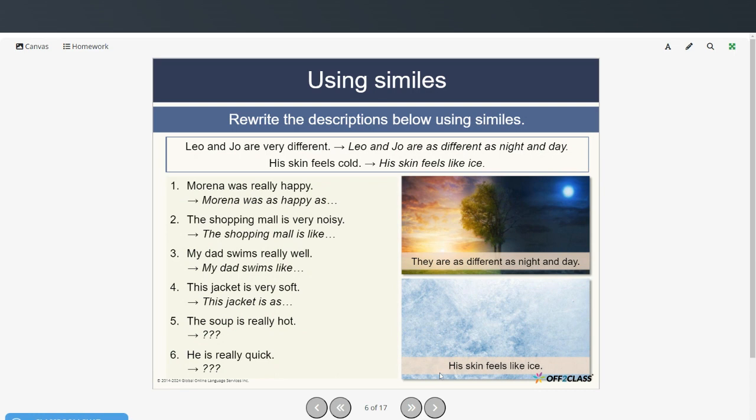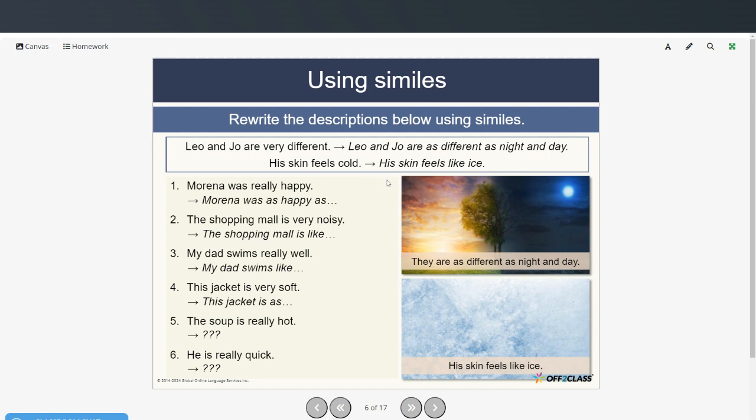So now we're going to practice. Rewrite the descriptions below using similes. And here's an example. Leo and Joe are very different. Leo and Joe are as different as night and day. So as different as night and day is a simile to say that they are very different. His skin feels cold.